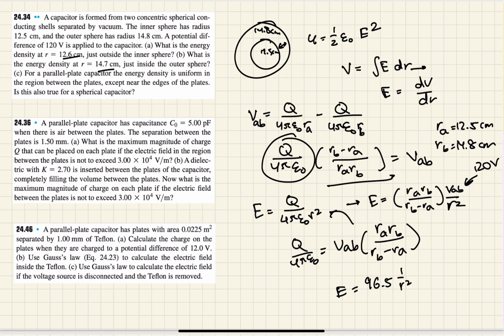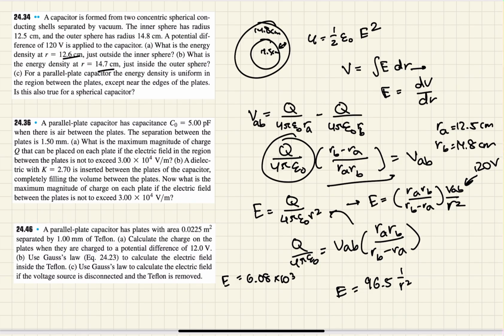Now we just plug it in for R equals 12.6 centimeters, or 0.126 meters, and R equals 14.7, or 0.147 meters, and we get E is equal to 6.08 times 10 to the power of 3 volts per meter, or also newtons per coulomb.